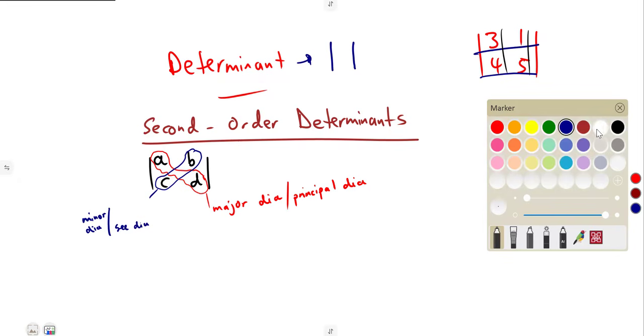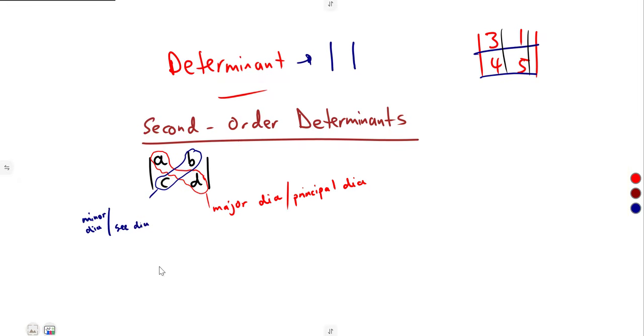All right? So in simpler terms, when we are given this presentation, the determinant of A, B, C, D, a 2 by 2 matrix, is given as the product of what is in the major diagonal, A and D, minus the product of what is in the minor diagonal, our secondary diagonal, B and C. So this is the case.